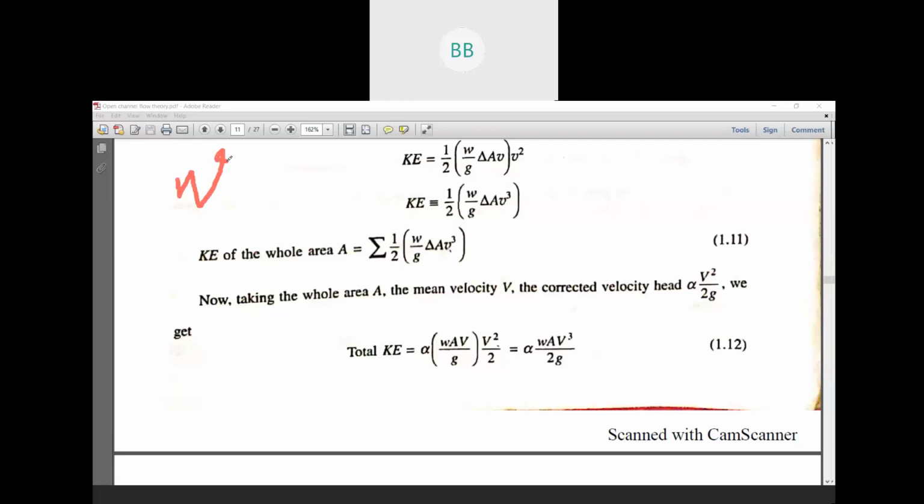So mass is nothing but your specific weight multiplied by area. So see, in the previous case we have considered a small area delta A. Now as we are considering the whole cross section, we are going to consider the whole cross-sectional area, specific weight multiplied by whole cross-sectional area.